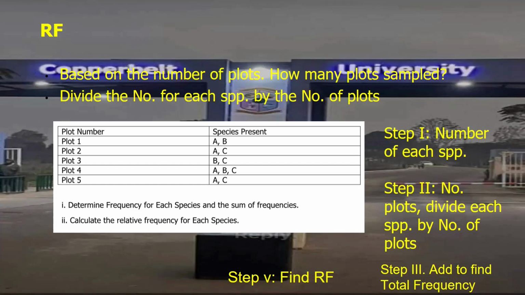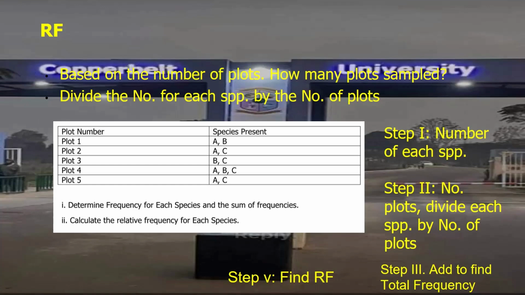In plot number 4, we have species A, so we have 1. In plot number 5, we have species A. So how many species A's do we have across the sampling site? So we have site and plots. Plots are subsets of the site or an area. So in the entire site, we have 1, 2, 3, 4. So species A is appearing 4 times. So we say species A is equal to 4.